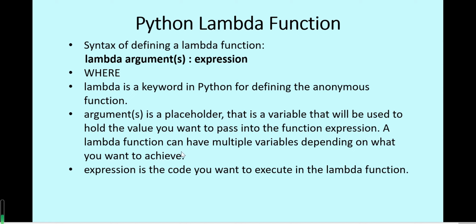And a Lambda function can have multiple variables depending on what you want to achieve. And then the colon with the expression. Expression is the code you want to execute in the Lambda function. This expression is also quite similar to the expressions you write in a normal function with a function name.